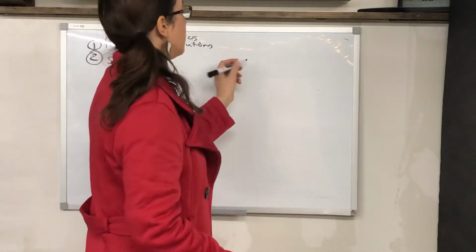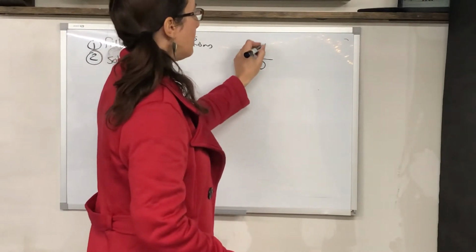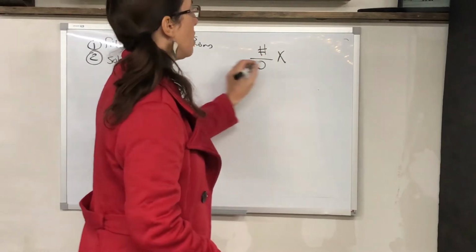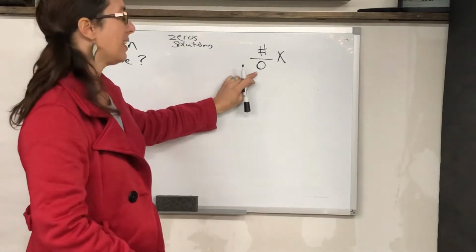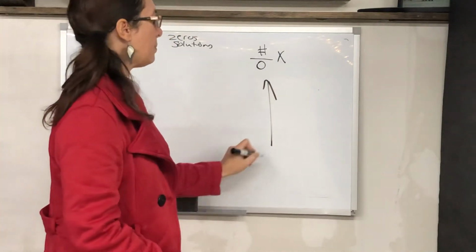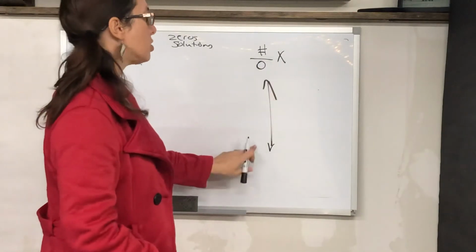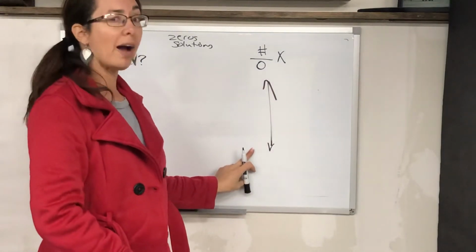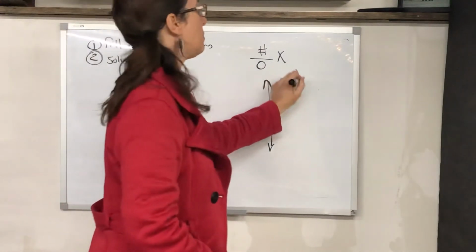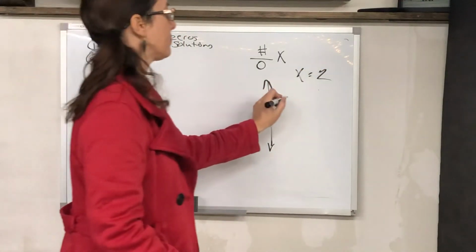Another thing that we didn't look at was undefined. If you ever end up with a number over a 0, this is an undefined line, okay? Undefined slope means that it goes forever straight up and down. This is also a slope where you don't have a y value. So this would be x equals 2, okay?